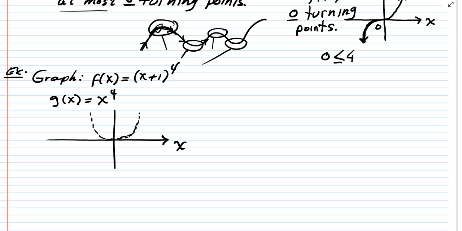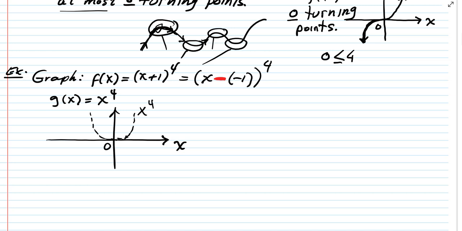It's going to be like a parabola, but flatter around 0. So that's the graph of x to the fourth. There you go. Now, (x plus 1) to the fourth, you can write it as x minus, right? x minus -1. That makes it x plus 1 to the fourth.